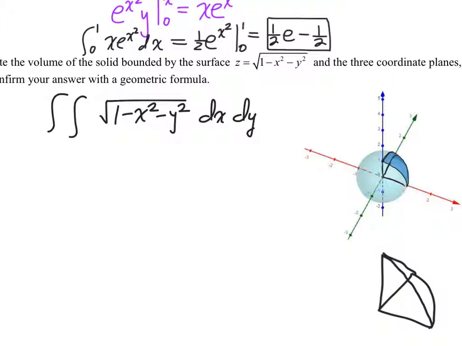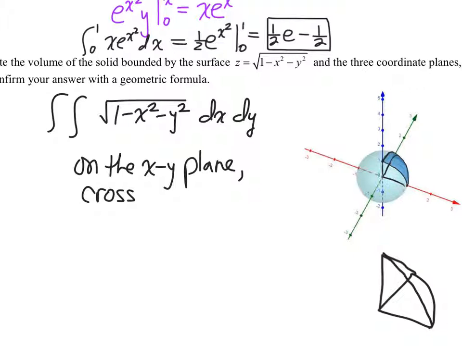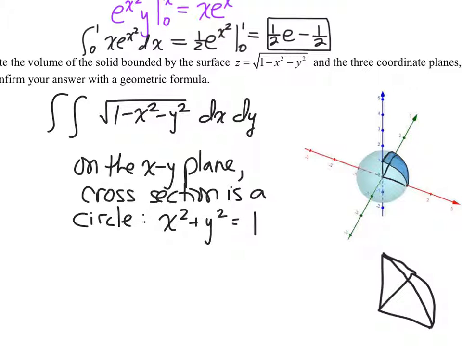So on the xy plane, the cross section is a circle, specifically x squared plus y squared equals 1.